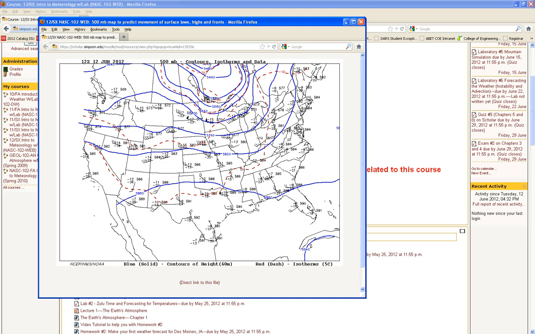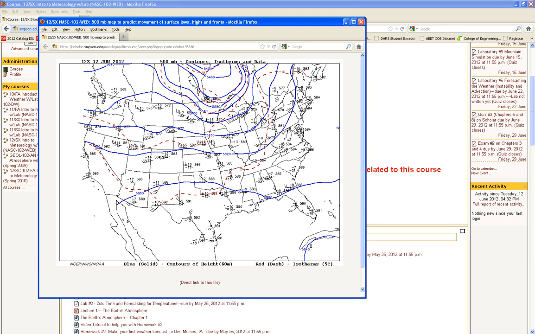So we're forecasting for 24 hours into the future. So 30 miles per hour times 24 hours. Let's see, 30 times 12, 360. So that would be 720 miles back to the west is where the 500 millibar airflow is coming from.